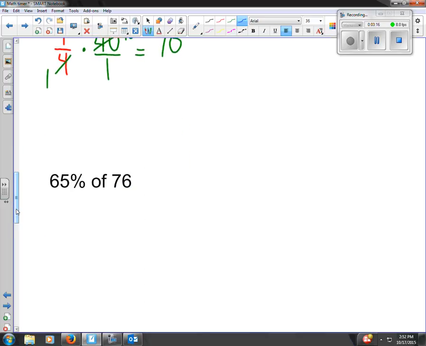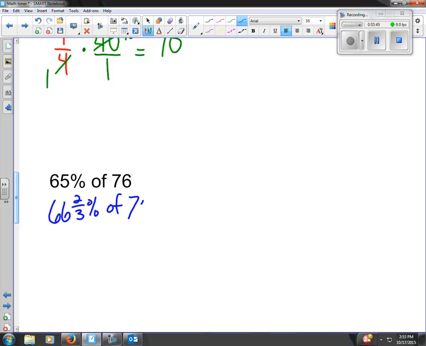Okay, 65% of 76. I don't know what the fraction is for 65%, but if I look on my list of fractions, I'm going to look and see what fraction percent I have an equivalent for. Well, I have one actually for 66 and 2/3. That's pretty close. So if I do that of 76, well, the math on that's going to be a little tricky.